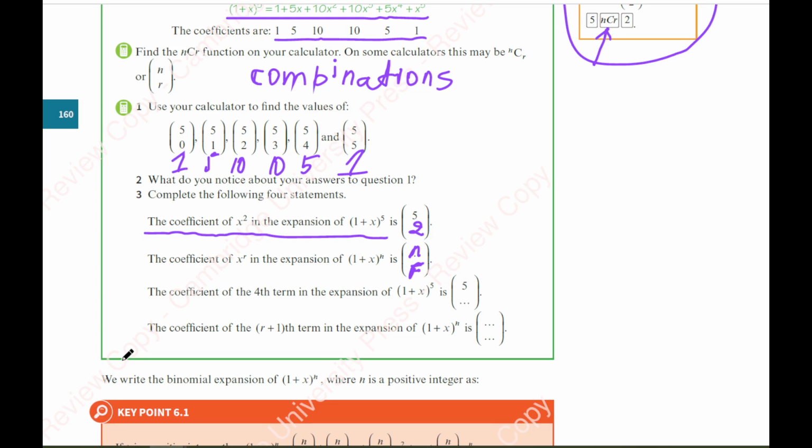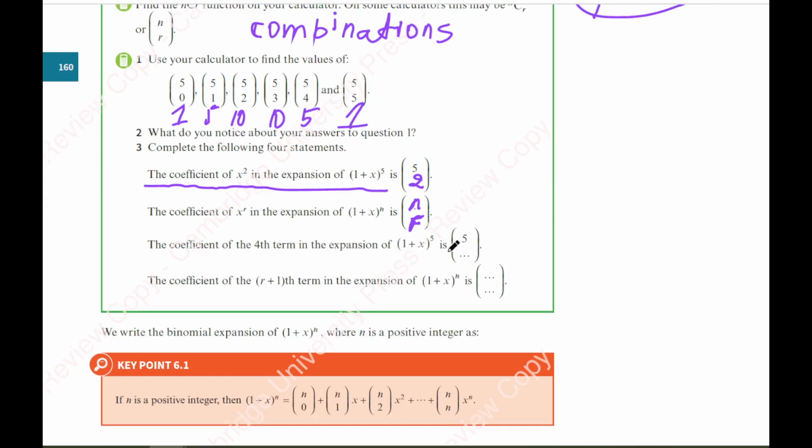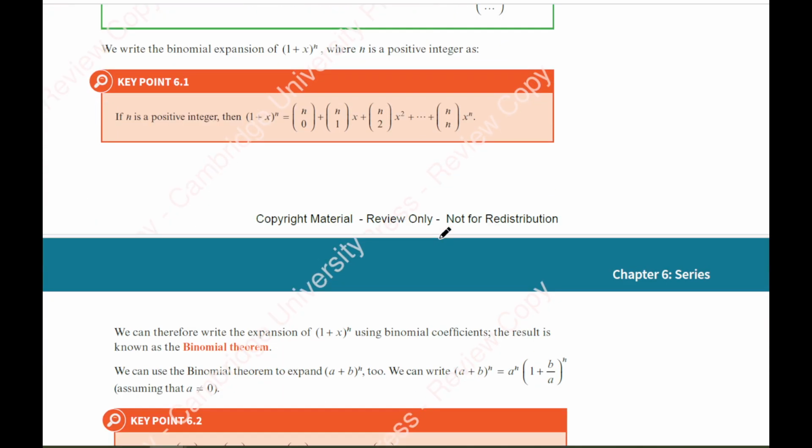And if you want to find the coefficient of the r plus 1 term, we need to know this here. We can try it later. But what is important is that if n is a positive integer, then you can always decompose this as the following.